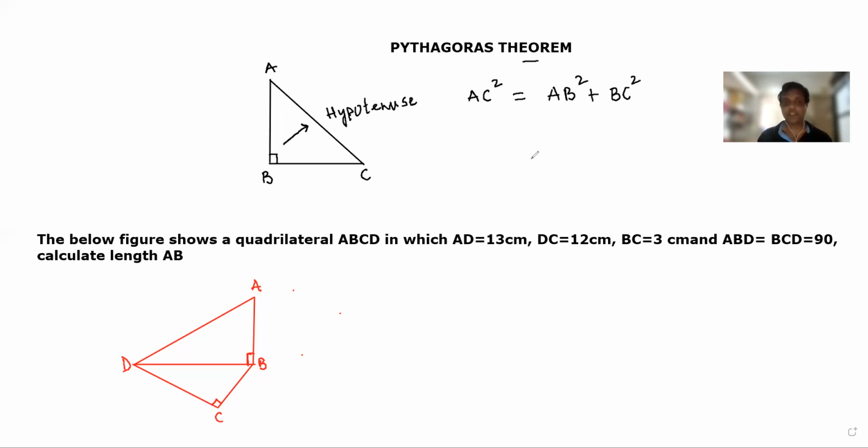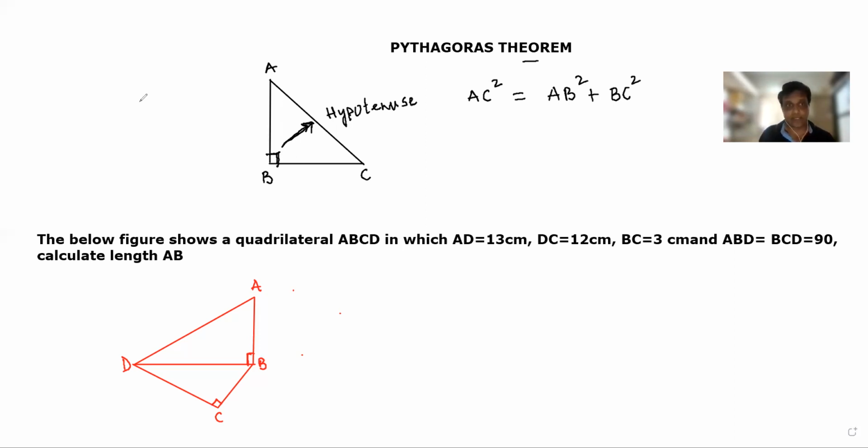Now, the first learning is to find out, whenever such a right angle triangle is given, where is the hypotenuse. And please note and remember that whichever angle is 90 degree, the hypotenuse is always on the opposite side of that angle.